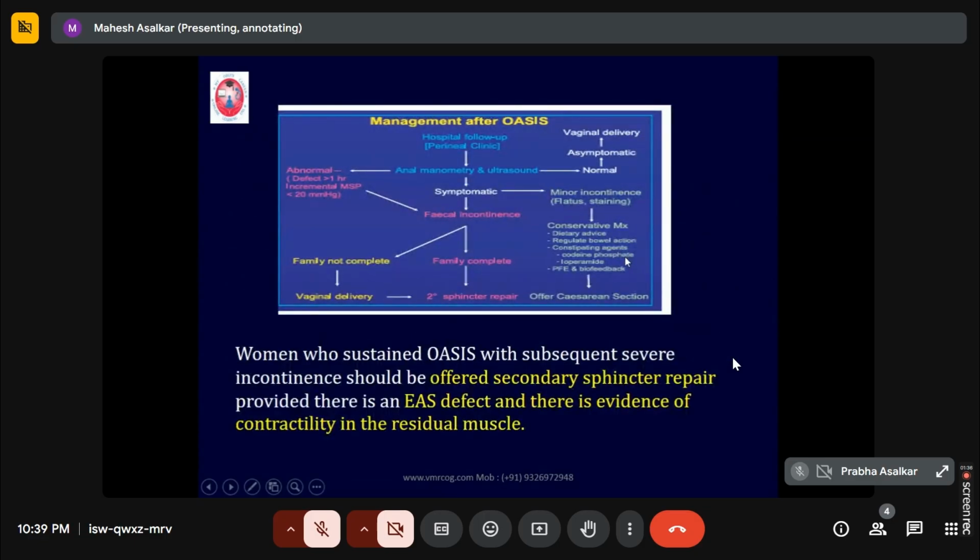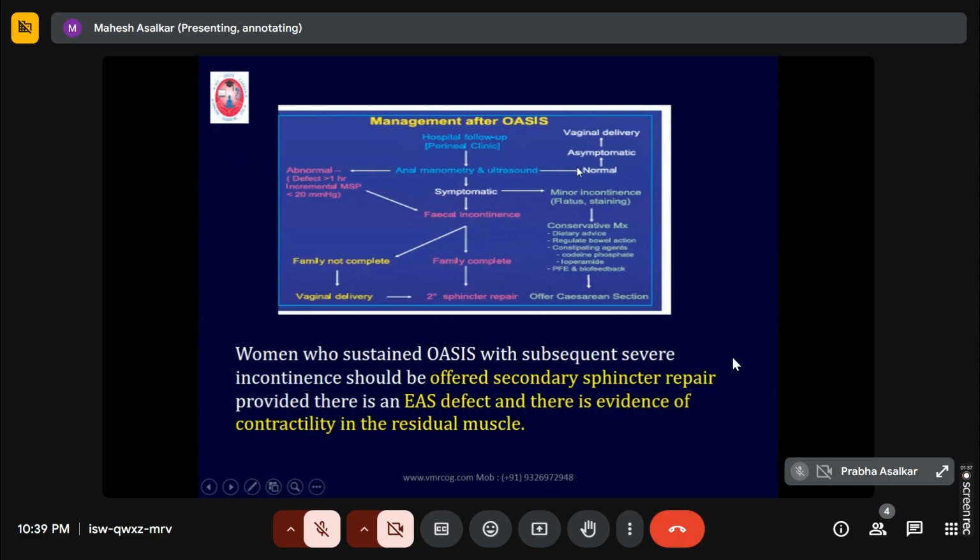Okay, now this is the flow chart for management after obstetric anal sphincter injury. You have to ask these patients to come for follow-up in the perineal clinic. There is a special clinic called the perineal clinic. Okay, so then you have to do the anal manometry and ultrasound of these patients. Now this anal ultrasound and manometry may be normal or it may be abnormal.